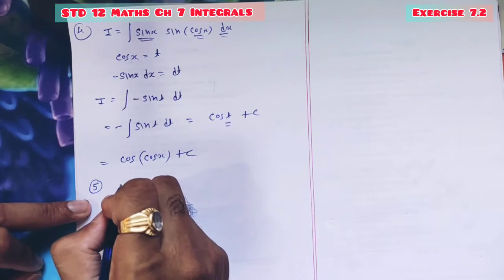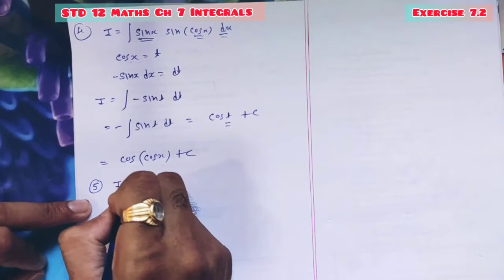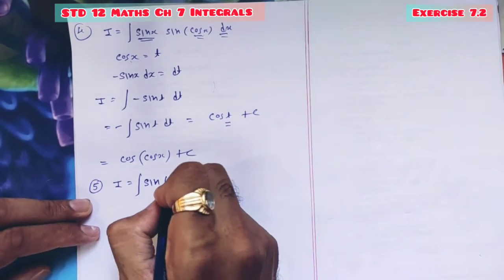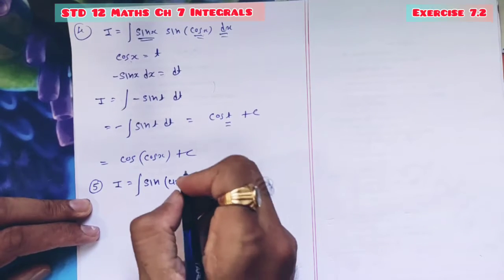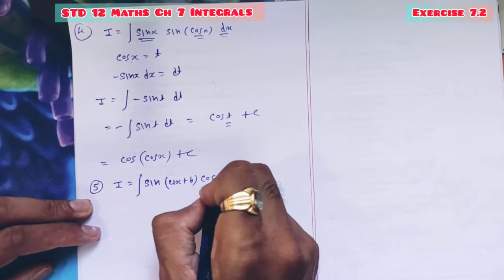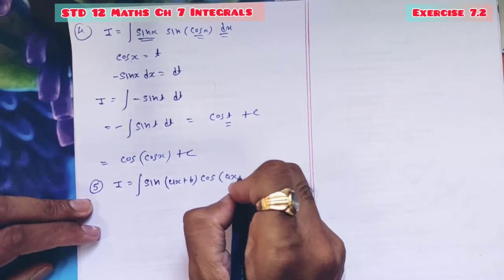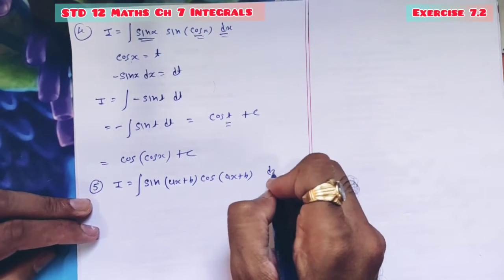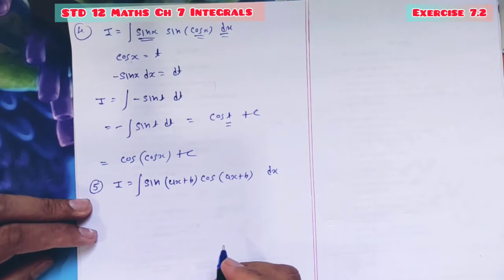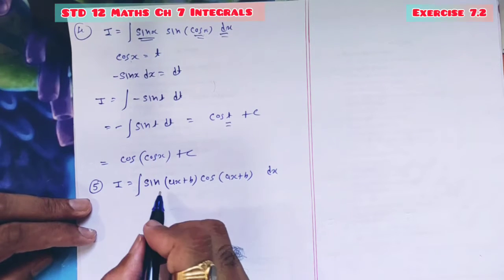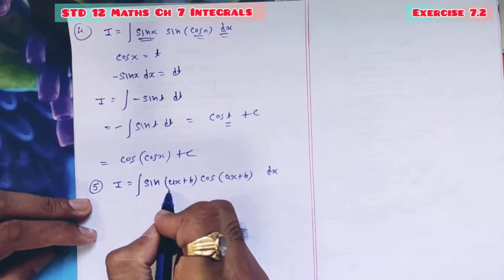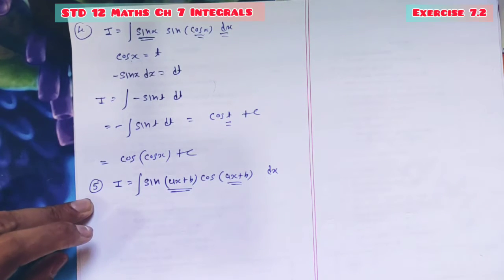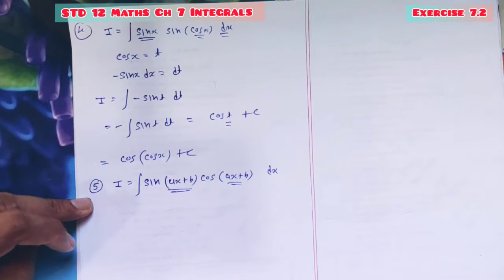Fifth sum, we are given sin ax plus b cos ax plus b dx. So here we'll convert this, sin x cos x. So multiply and divide with 2. So we are getting the function in terms of sin only.